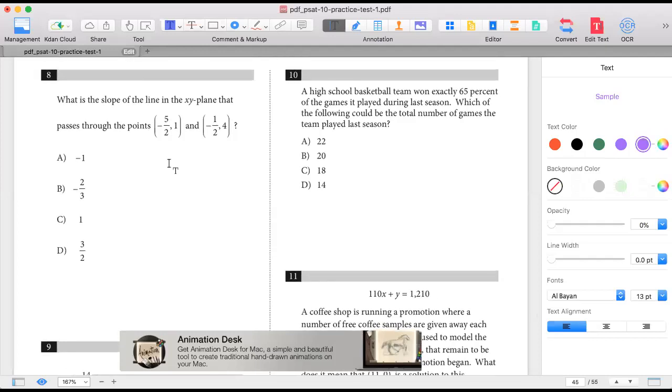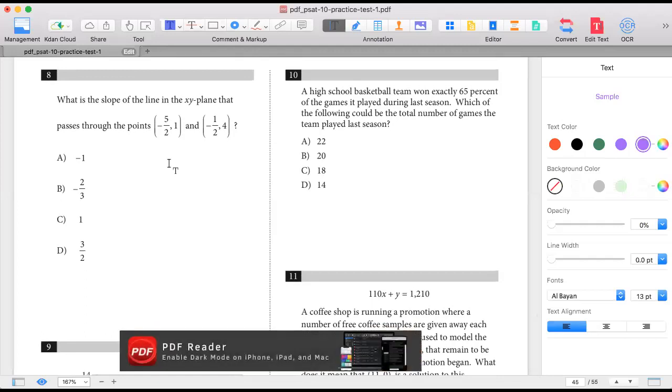Question number 8. What is the slope of the line in the xy plane that passes through the points negative 5 over 8, 1, and negative half, 4? What is the slope?